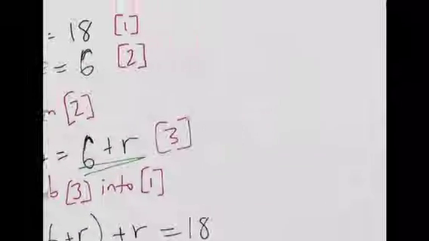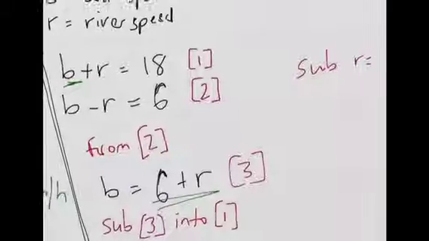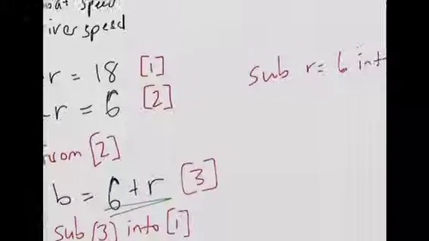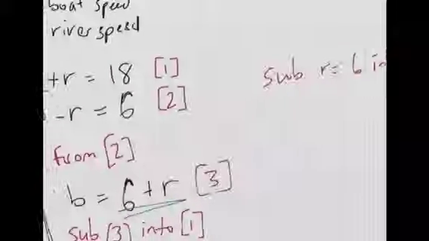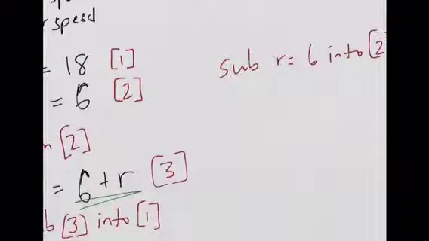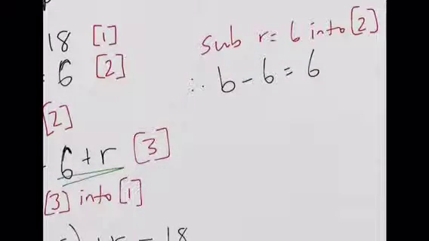Now, let's sub R equals 6 into one of them, it doesn't really matter. Sub it into 2. So 2 was B minus R equals 6, therefore B minus 6 equals 6. Add 6 to both sides.